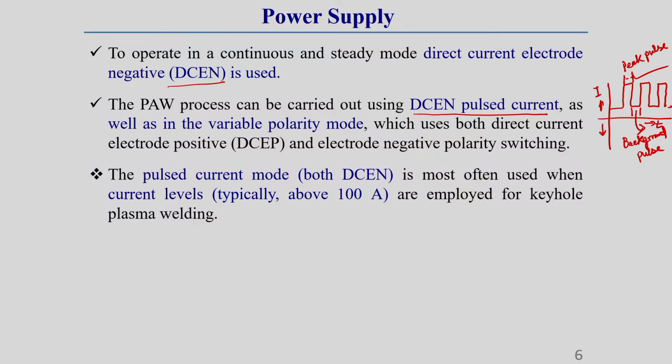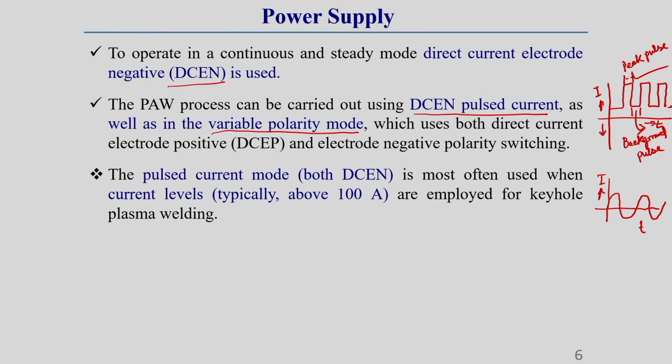pulse current. Here the current is in pulse form, and sometimes in this power supply it is observed that variable polarity mode can be used. Variable polarity mode, what does it mean? Variable polarity means both DCEN as well as DCEP connection can be used with this electrode. With time this current can vary from positive to negative.